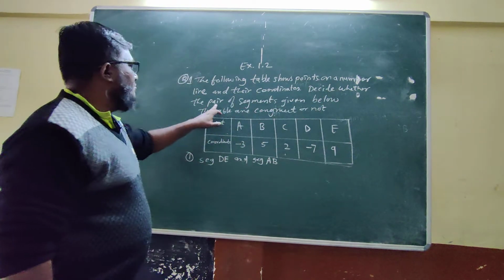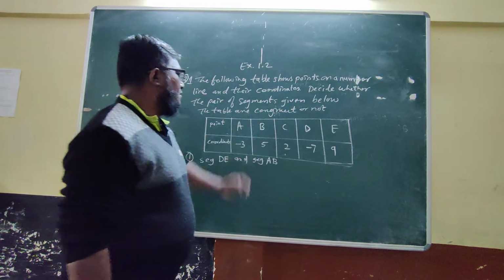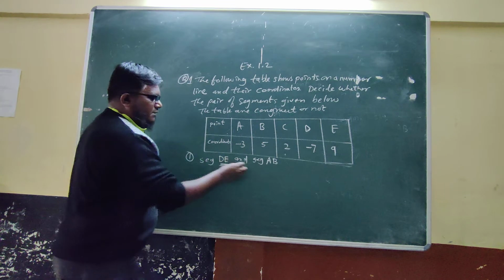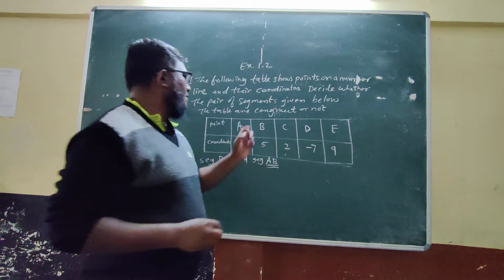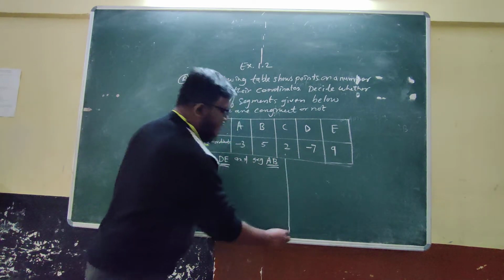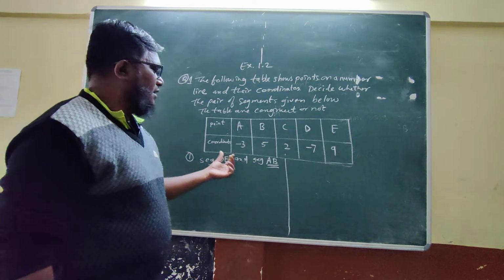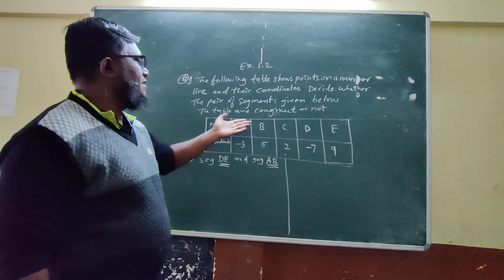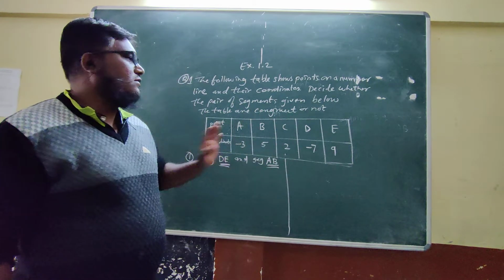Decide whether the pairs of segments given below the table are congruent or not. The pairs are AB and DE, and DE and EB. We have to see whether the distances between the coordinates are equal. If they are equal, they are congruent; if not equal, they are non-congruent.